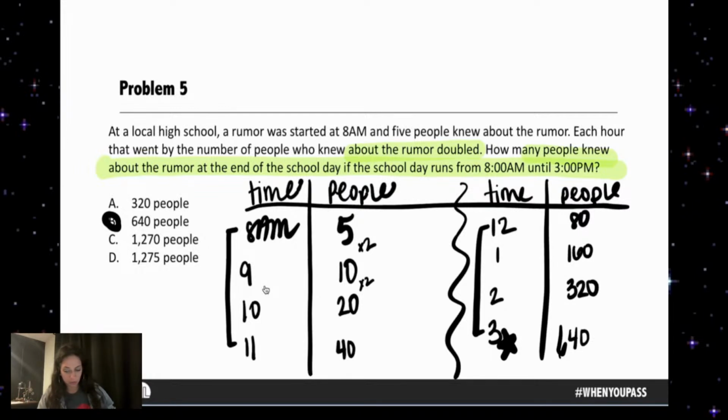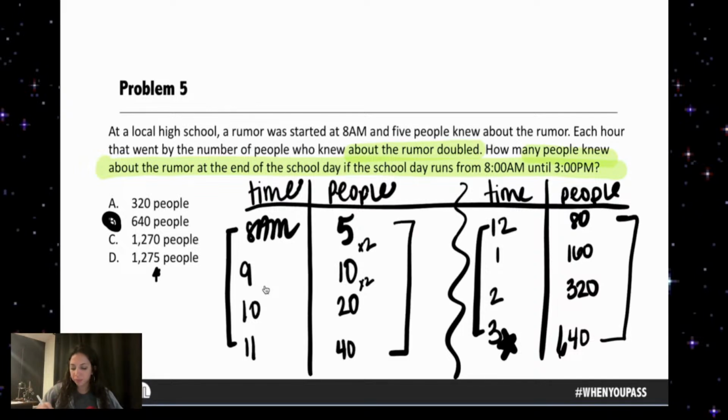However, the first time I solved this problem, I got the answer 1,275. Why? Because I added all of this up. However, it does not say each hour that went by, the number of people who knew about the rumor increased by a double amount.